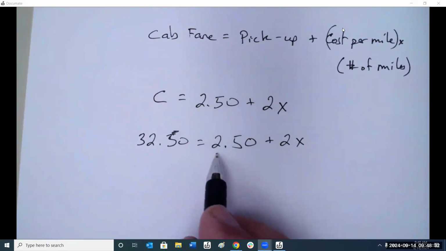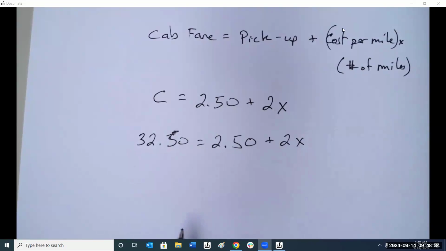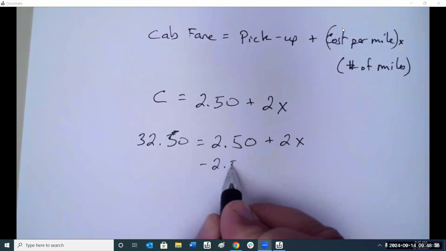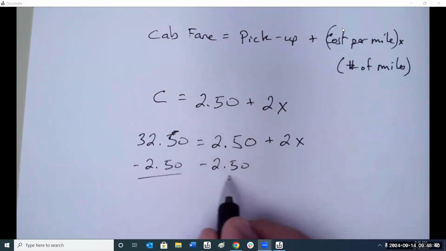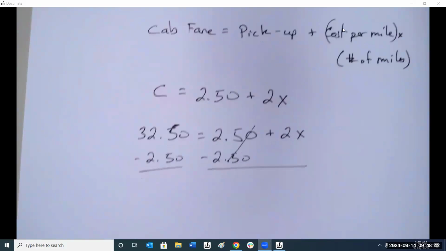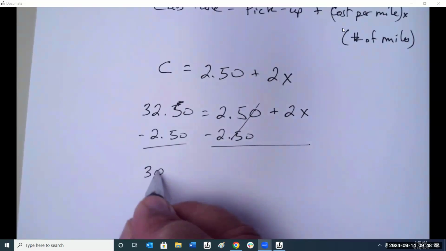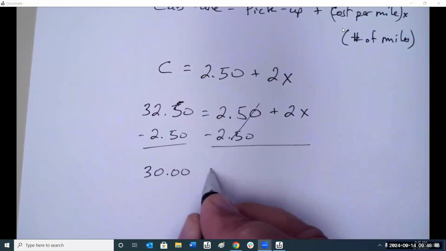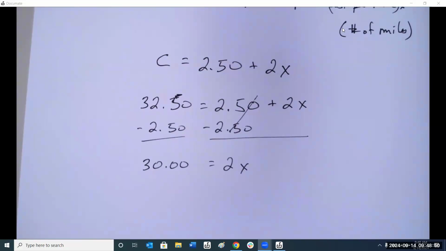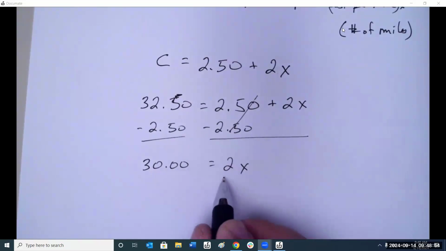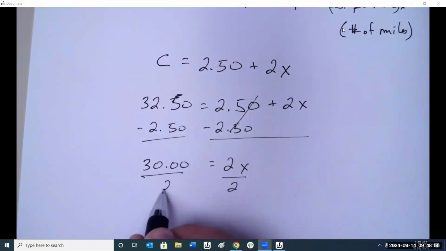It was based on the pickup fee plus the miles, so we subtract $2.50 from both sides. Divide by 2.